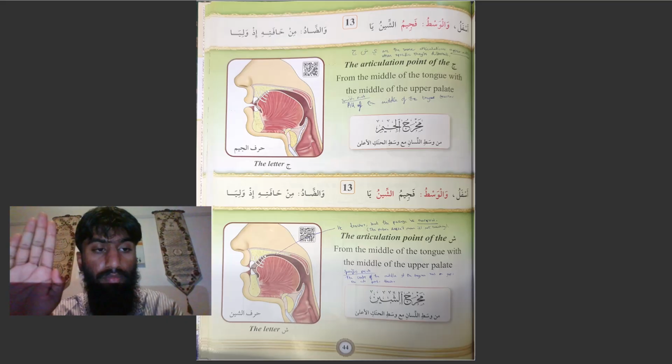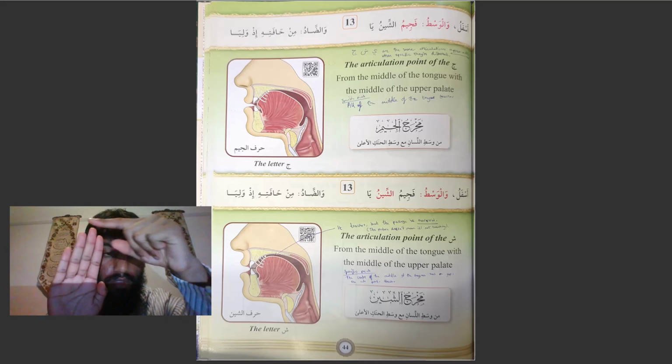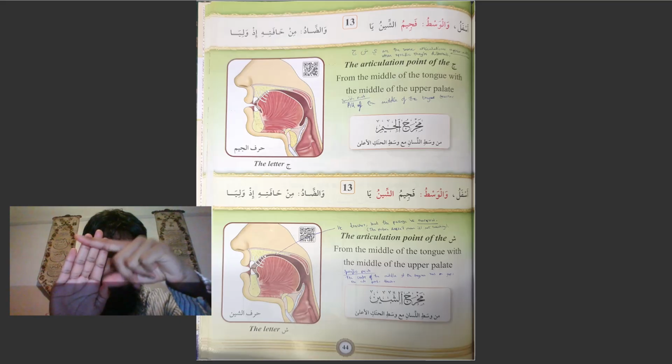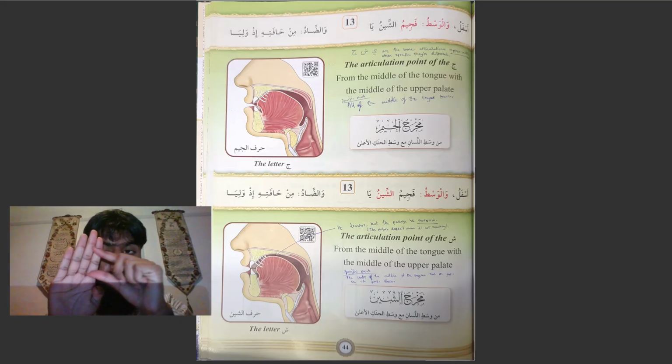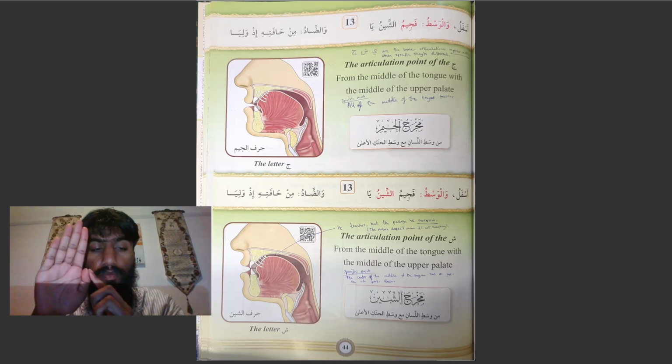Look, if you remember, we have the tip of the tongue, the top of the tongue, the middle of the tongue, the back or the furthest part of the tongue, and the root of the tongue, right? And the edge as well, of course. So now we're looking at the middle of the tongue, like this.